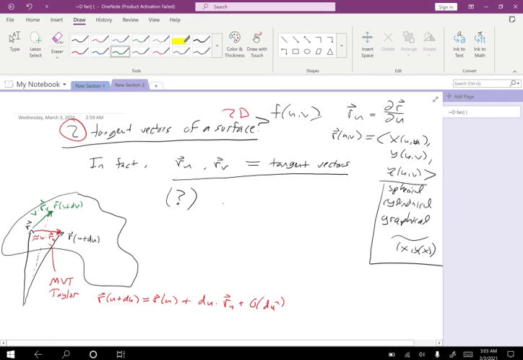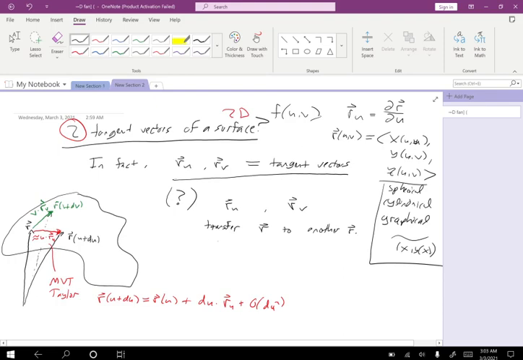So our displacement vectors r_u and r_v, notice that they transfer r to another r.